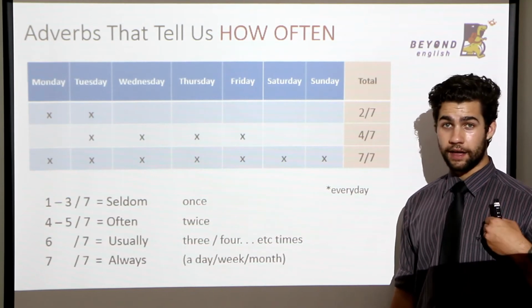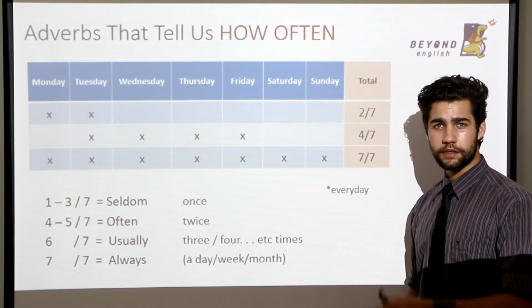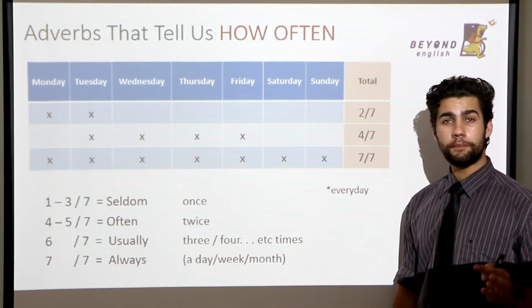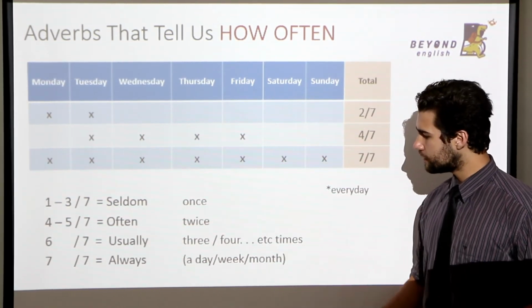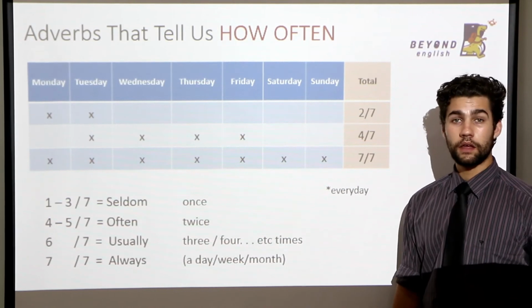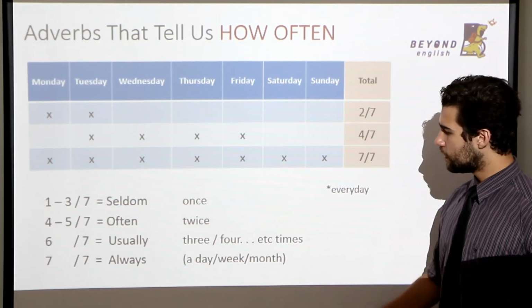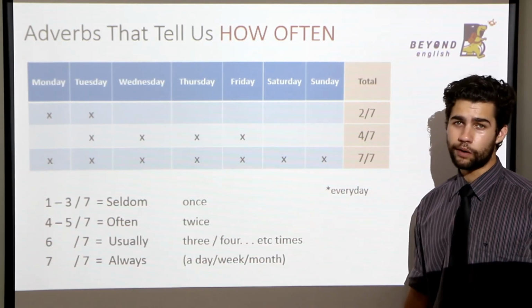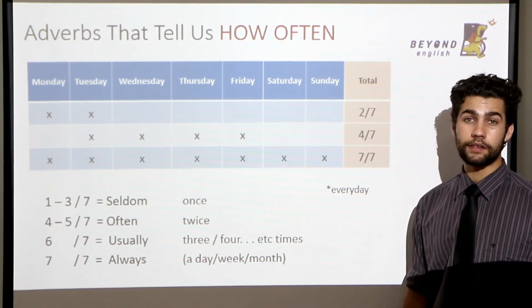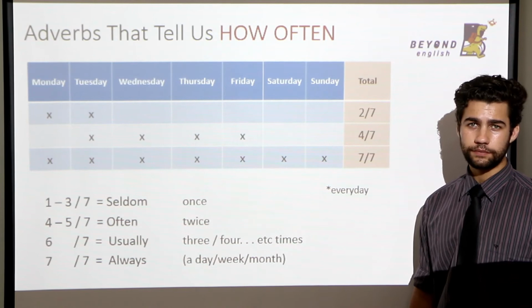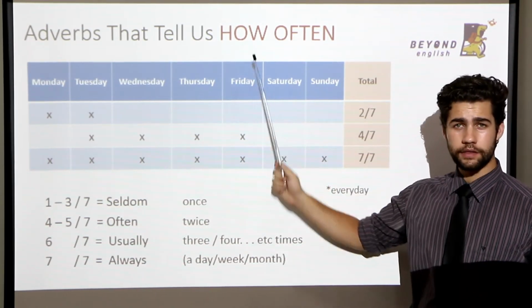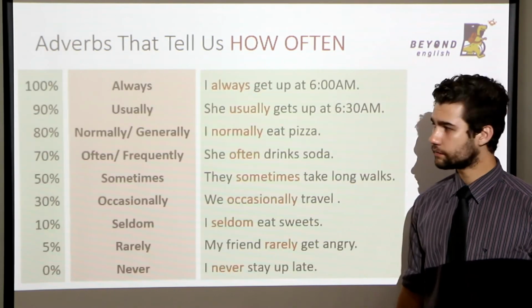So, I play tennis once a day. I play tennis twice a week. I play tennis 4 times a month. Or, I play tennis every day. These are adverbs that tell us how often.